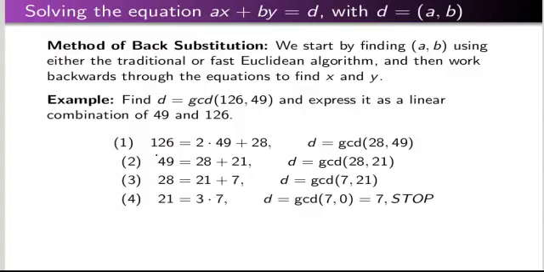So following the Euclidean algorithm, we had 126 is 2 times 49 plus 28, and so on. So we did this earlier. And now the second part is the back substitution. So that's the new step.